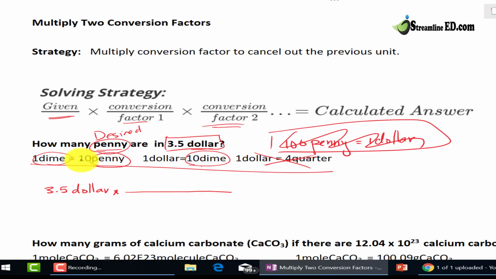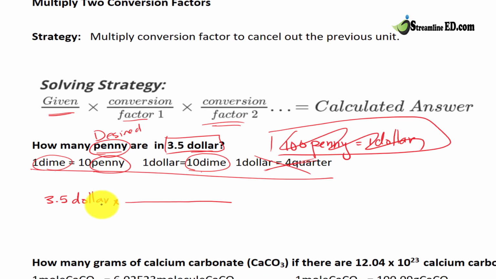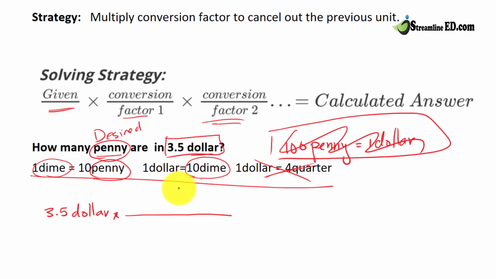This one, 1 dime equal to 10 penny, or $1 equal to 10 dime? How you determine which conversion factor to multiply is look at the previous unit. This is in dollar, so your conversion factor must have dollar in it, which is this one right here. If we multiply that conversion factor, of course, the $1 is going to be on the bottom. If the dollar is on the bottom, the top part must be the dime.